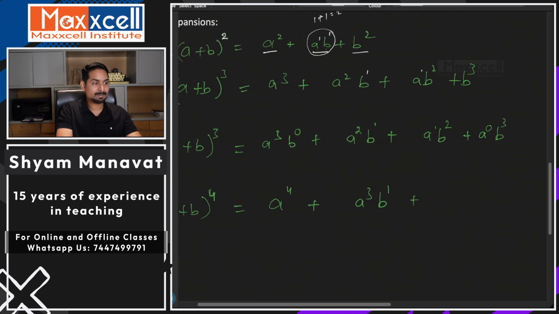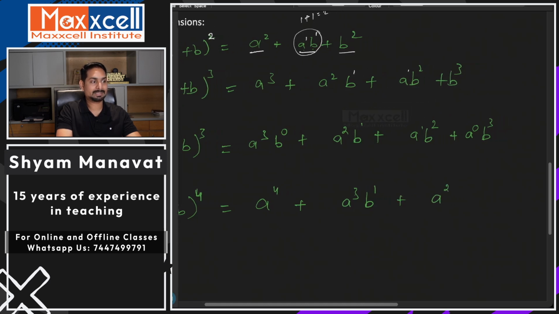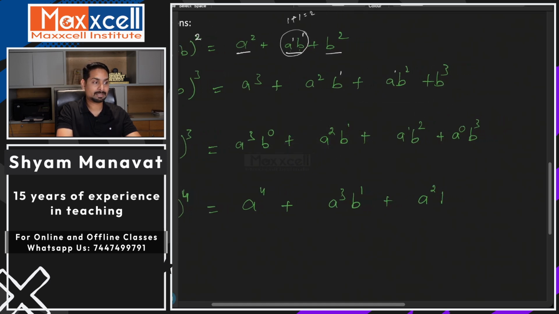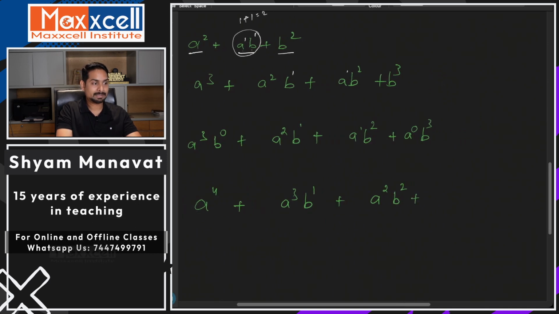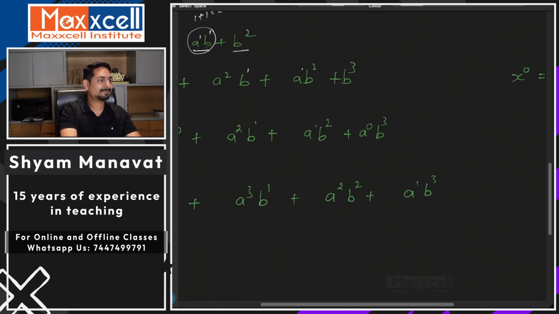Reduce the power of a by 1, so it becomes a square. Increase the power of b by 1, b square. Reduce the power of a to 1, increase the power of b, b cube. We never write power 1, so it will be a into b cube. Increase the power of b, reduce the power of a, so a becomes power 0.